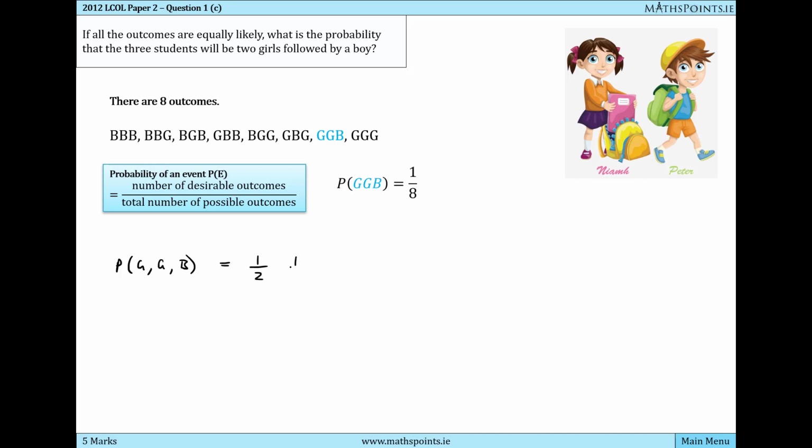Well, it's still 1 out of 2. And then the third student through the door, what's the probability that that's a boy? Well, that's also 1 out of 2. So we're interested in the probability that it's a girl and another girl and a boy, and in probability, and generally means to multiply. So if we multiply these probabilities together, we get 1 out of 8.